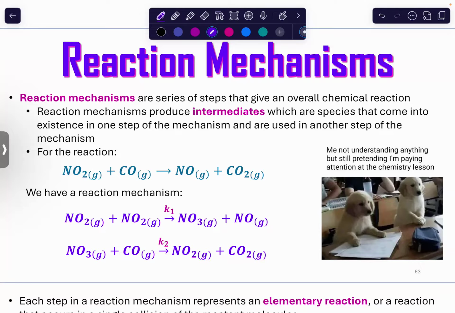Same concept: if you add these two together, you write down everything with the reactant and everything with the product, then you cancel out what's the same on both sides, and you should get the overall reaction back. You have to be careful when you're calling certain things intermediates. An intermediate is created during the process and then completely used during the process. In this case, only NO3 fits that.